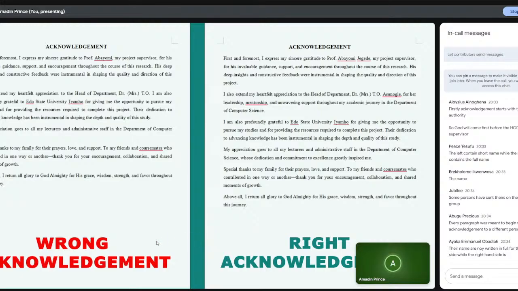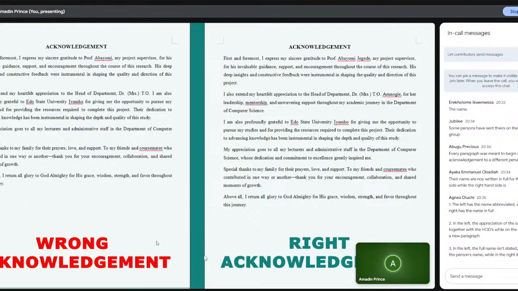Okay, I believe someone just got the one five. It means we just have one spot left. Okay, Agnes is almost there. Just one more and we are good to go.